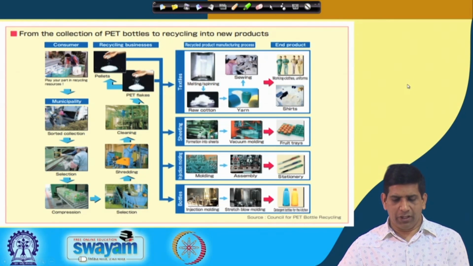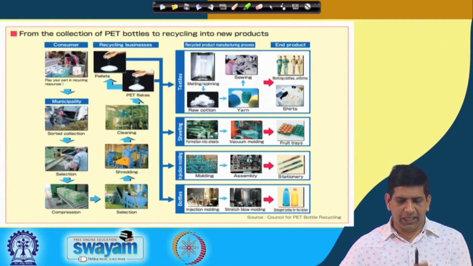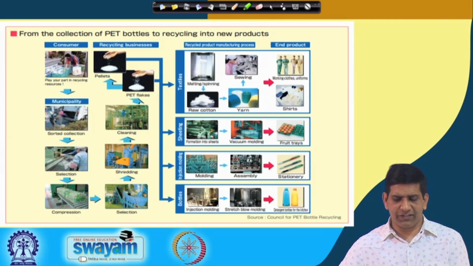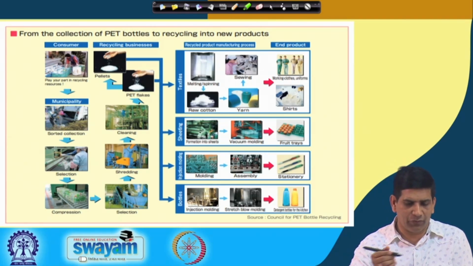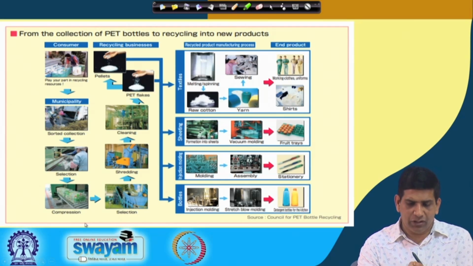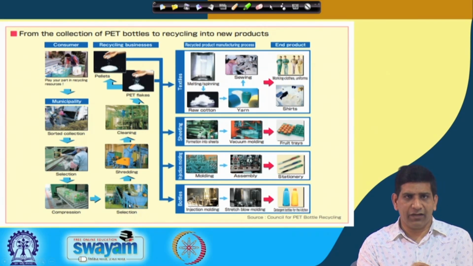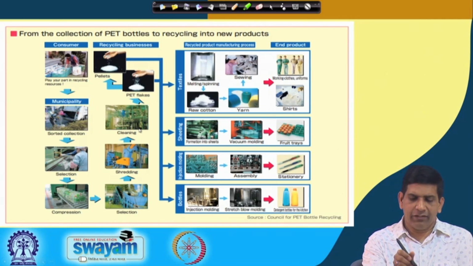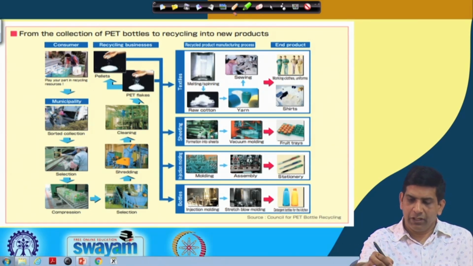So, that was the process, from collection of the PET bottle up to the new products. This was the last slide we saw in the previous video, where the municipality gets the waste from the consumer and it is sorted out, compressed and baled. This baled material goes into a plastic recycling plant, the kind of layout that you just saw in the previous slide, where it is shredded and cleaned into PET flakes, and then pellets which can be used for different applications.